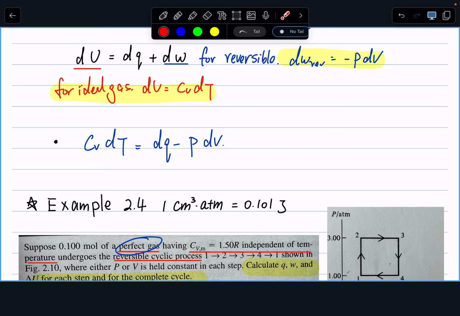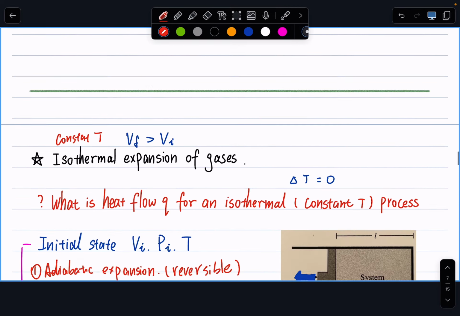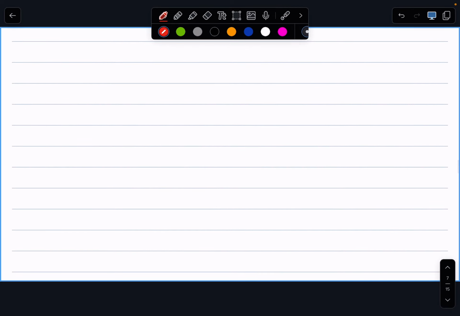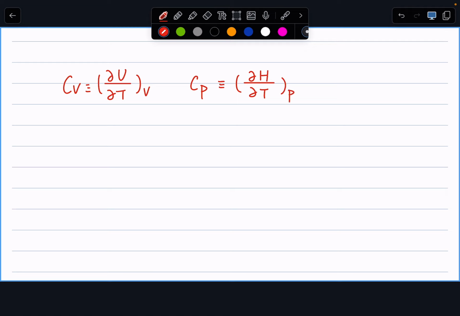But remember the actual definition for these heat capacities, if we do not specify ideal gases: Cv is defined as the partial derivative of U over T at constant V, and Cp is defined as the partial derivative of H over T at constant P. So these are partial derivatives. They only become normal derivatives when we talk about ideal gases.